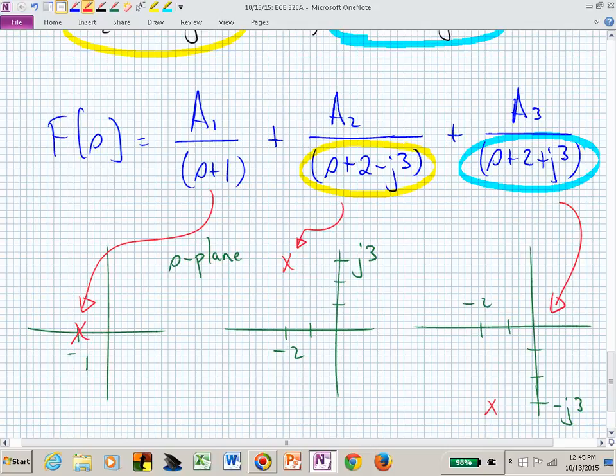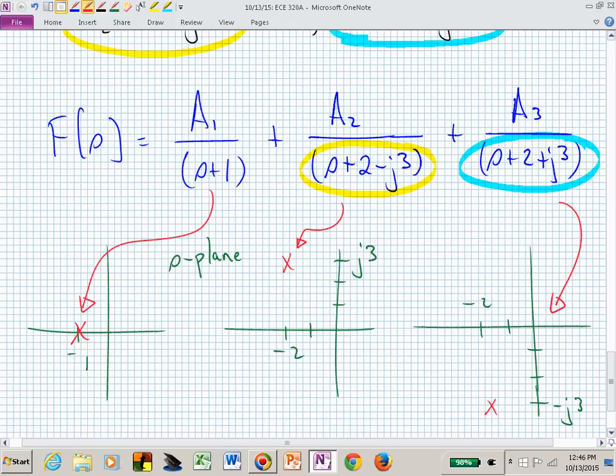Is there a reason? Just so that we know, yes, there is a reason. Normally you would not put your poles on 3 different S-planes. I'm just trying to emphasize which factor goes with which root in the complex S-plane.